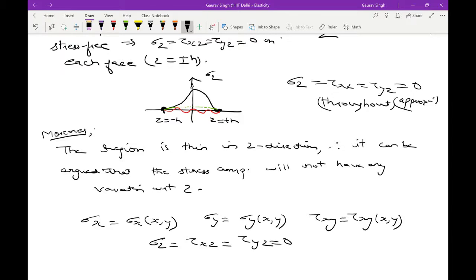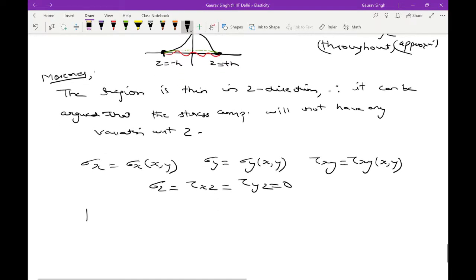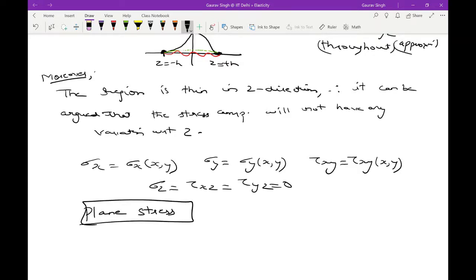So this is a state of plane stress. You have clearly seen under what domain we are applying this approximation, and why we are writing the stresses as they are. You also want to maintain a stress field which is independent of z.